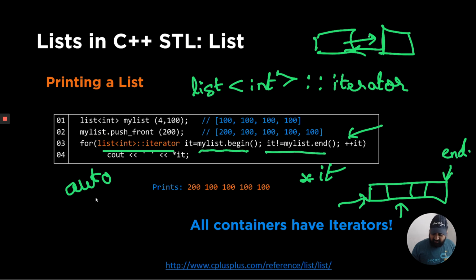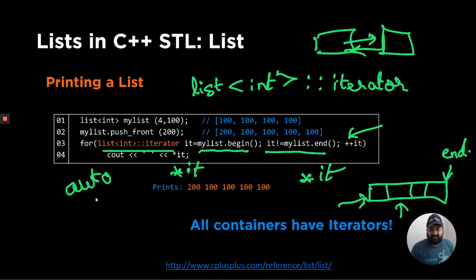The condition we are checking is that we have not reached the end. So you print the values using star IT: although we are getting this iterator, you use the indirection or dereference operator to print the value at a given instance.